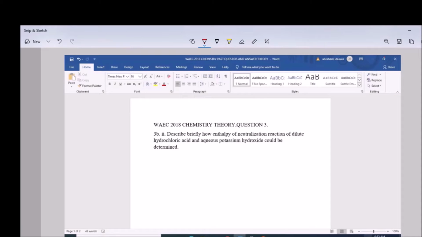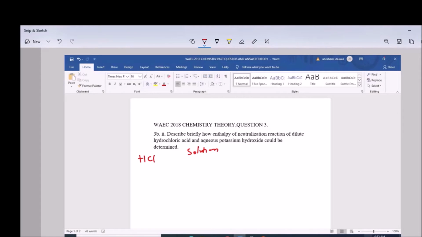So we have hydrochloric acid, which is HCl, reacting with potassium hydroxide, that is KOH. Then it gives potassium chloride and water.